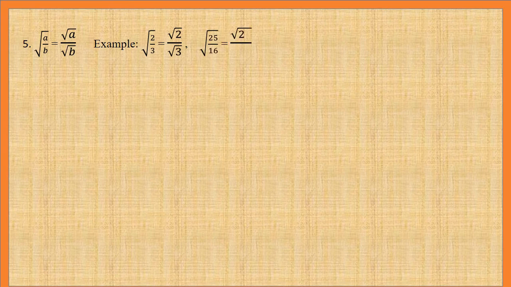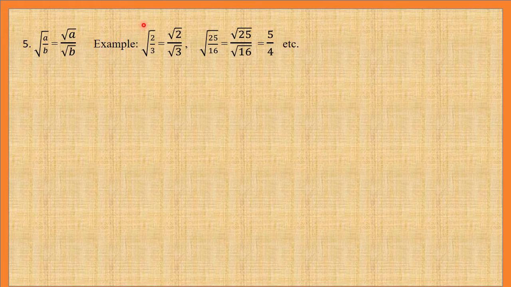Still with rules when manipulating surds, let's look at rule 5, where we have square root of a over b. This will be the same as square root of a over square root of b. You can take square root of a, the numerator, over square root of b, the denominator.